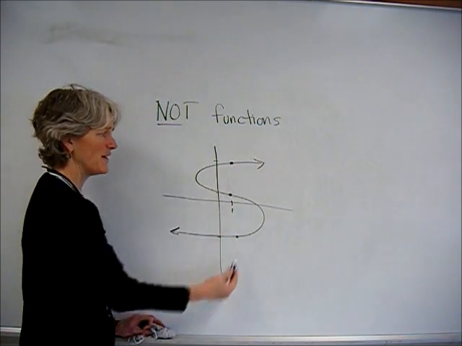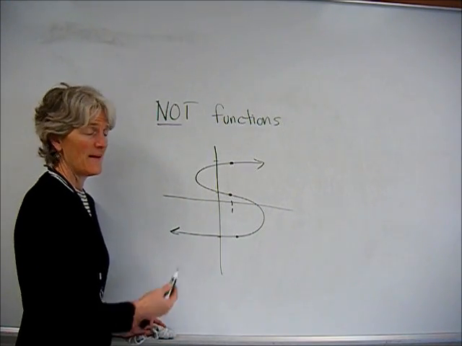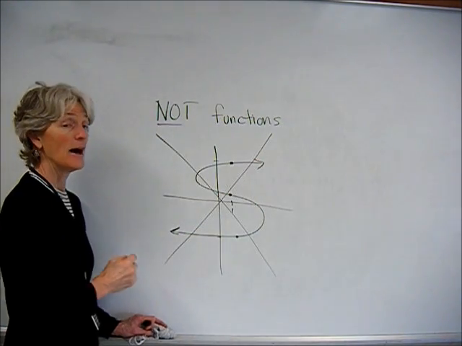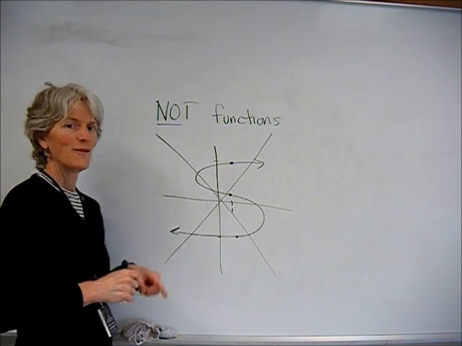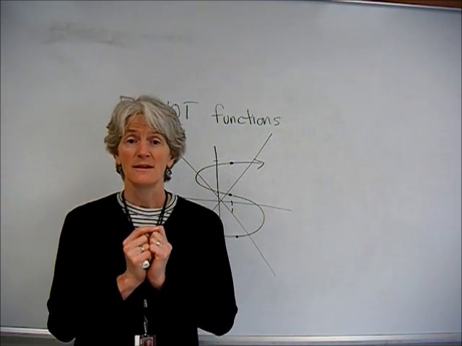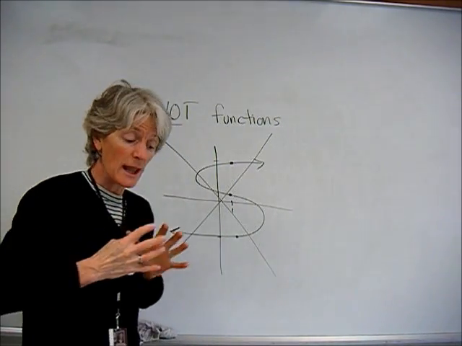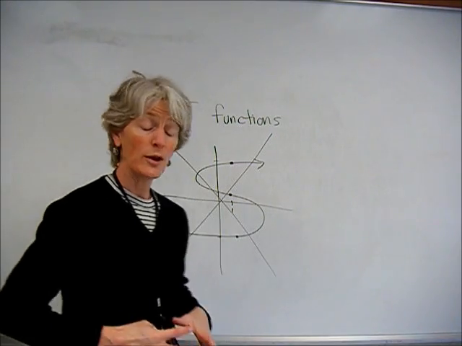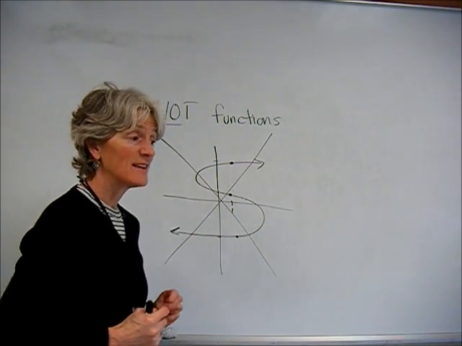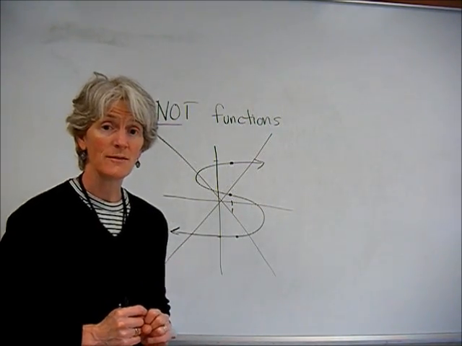That 1 would be really fickle. It has 3 outputs. That means it's not a function. So, a function is like a machine. When you plug in an x, you get out exactly one y.